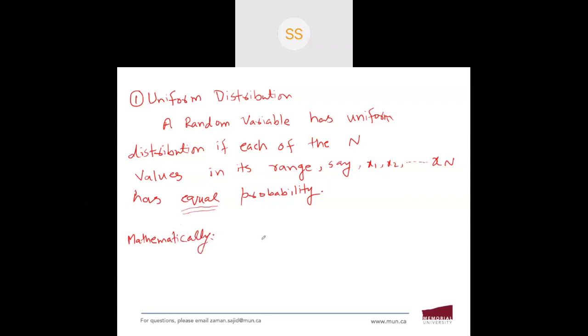Mathematically, how do we denote this? This is written as p of x, and the probability value is equal to 1 over n. We also write it as capital U, which is for the uniform distribution, U(x; n) = 1/n.